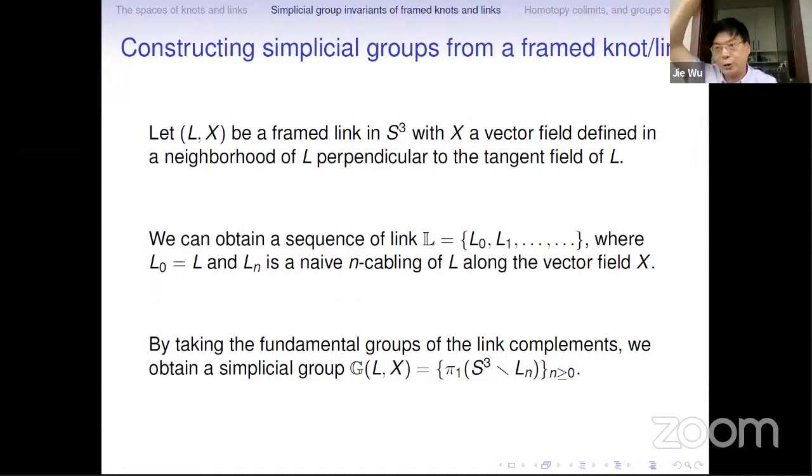You just draw pictures, simplex. The canonical way to produce a face is to delete one vertex. So you delete 0, you get the opposite face, then delete 1, and so on. So you get canonical face operations, which are group homomorphisms, no problem, because you just remove one component.